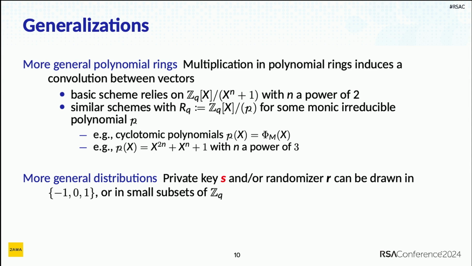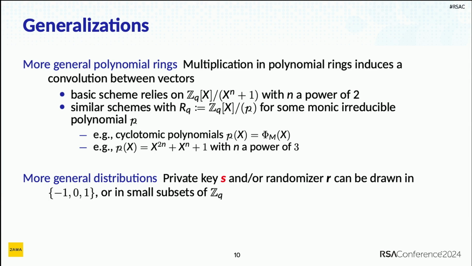A good example is a cyclotomic polynomial. In particular, if you take n to the power of 3, then you have that polynomial, and again, you get a new way to publicly encrypt messages. There are some advantages of considering those extended polynomials, and this is if you want to rely on the NTT for speeding up the convolution.